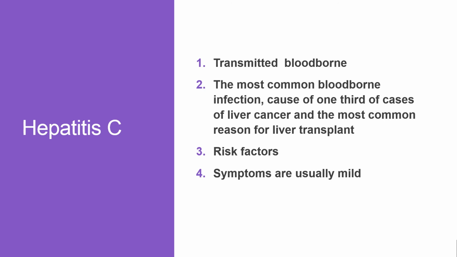There is no vaccination for this, and the best way to prevent this is to avoid high-risk behaviors. Hepatitis C is usually treated with antiviral agents, and the symptoms are usually mild.